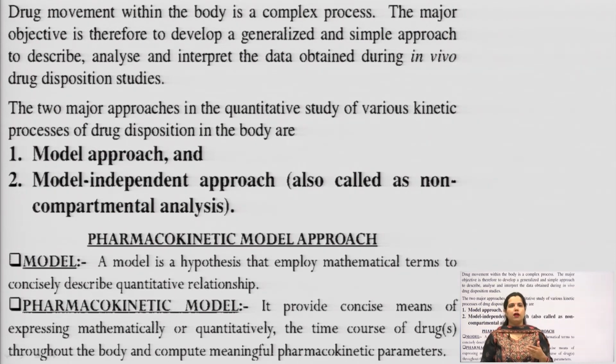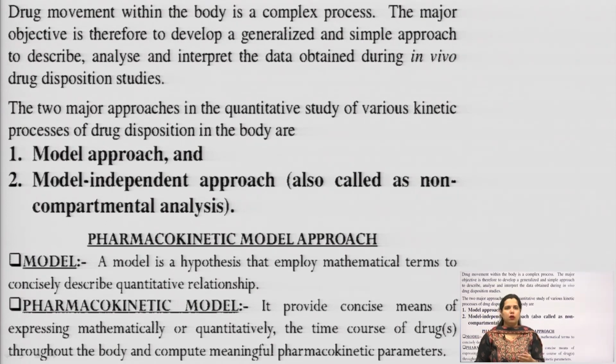Model dependent approaches are those in which we consider the body as different compartments, whereas in model independent approaches we consider the body as having no different compartments, and it is basically non-compartmental analysis.